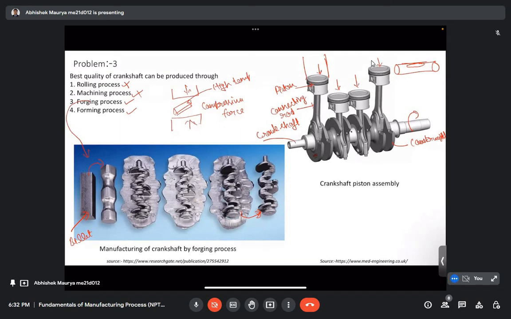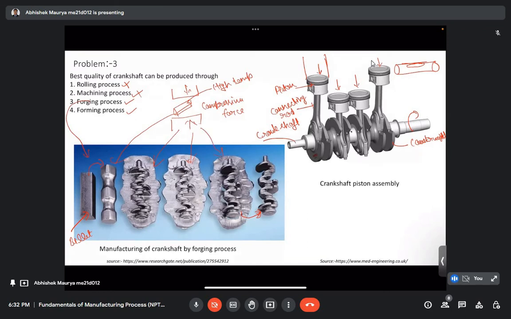With the first set of dies we forged it, and then we got this, but this is not the final shape. It is somewhat near the very initial shape of the crankshaft. After that we use another set of dies, and we again forge it, similarly in this manner.